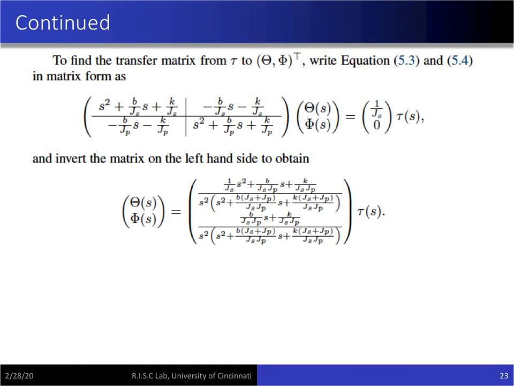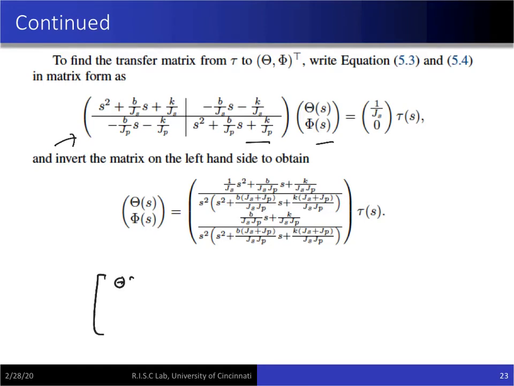So this is what I was telling you. You can write this in matrix form, so you have a 2 by 2 matrix here, and you can solve for this equation. Okay. So basically, what will be phi s theta s?